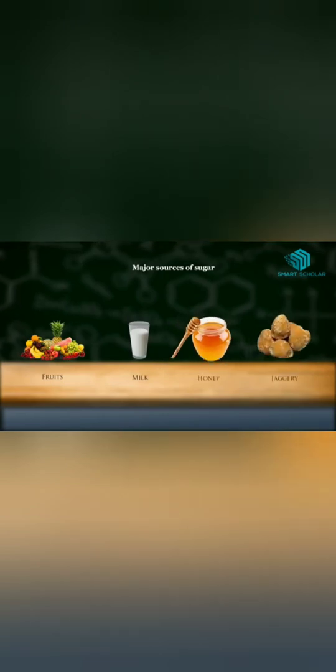They are composed of carbon, hydrogen, and oxygen. What are the major sources of sugar? Major sources of sugar are fruits, milk, honey, and jaggery.